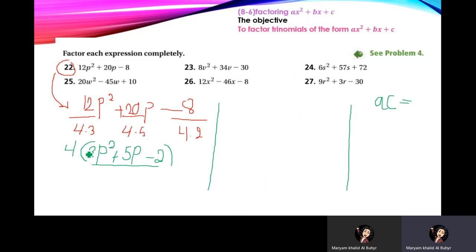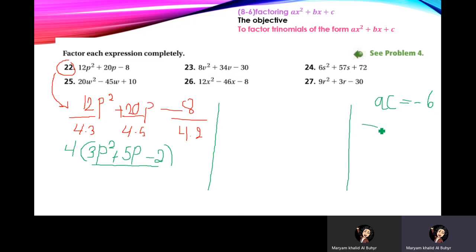Be careful: maybe the polynomial is sometimes not in standard form. So just keep in mind that a is the coefficient for the variable that has power 2. So 3 times negative 2 is negative 6.